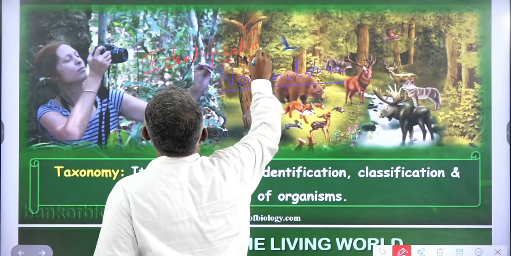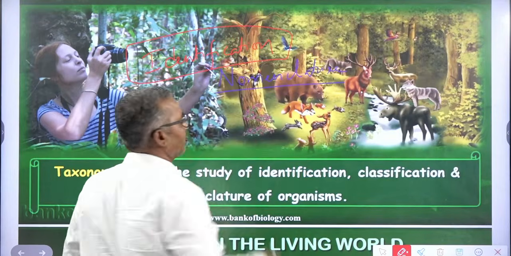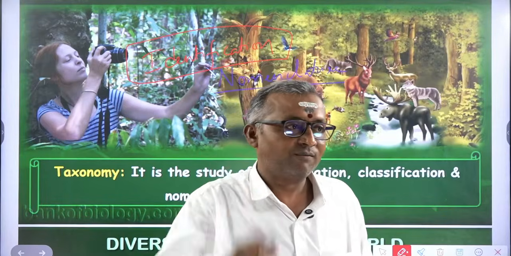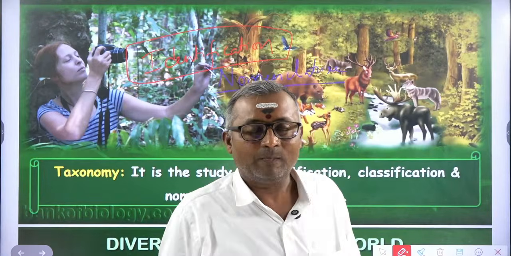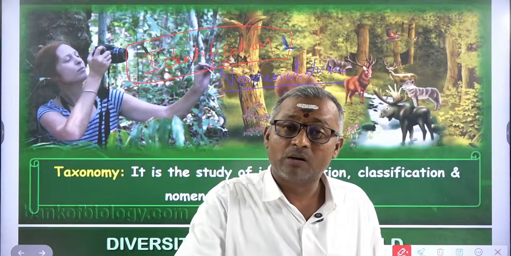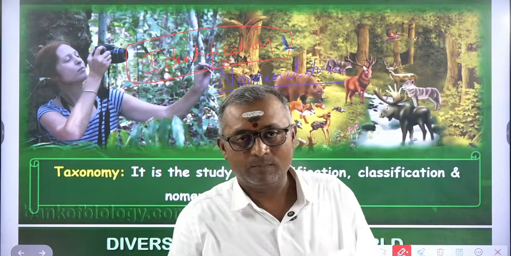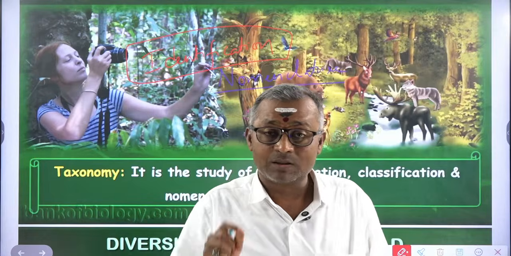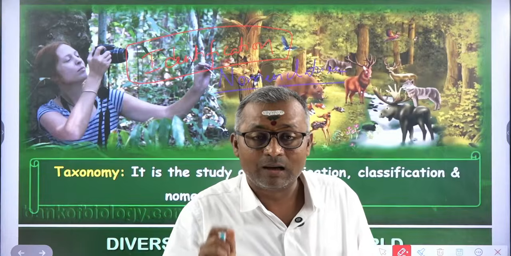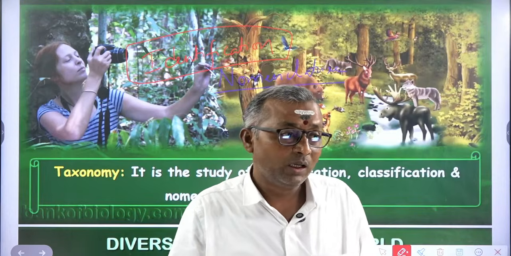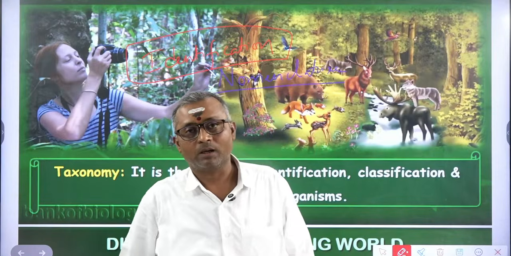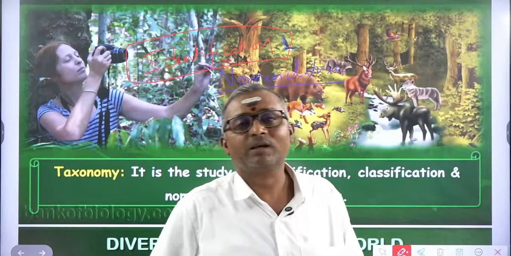So identification is a process of determining whether a collected specimen is already known or unknown. Understood? This is very important.